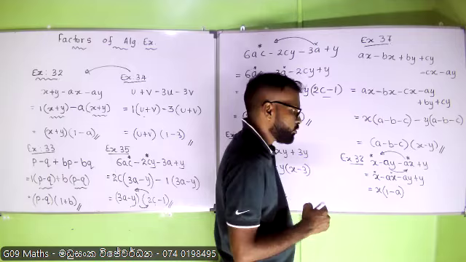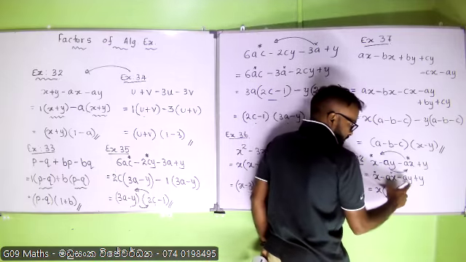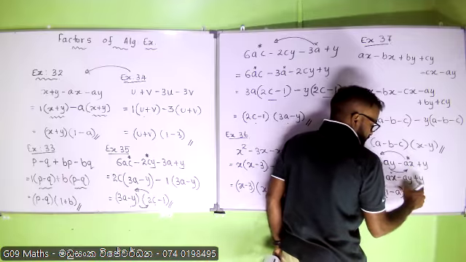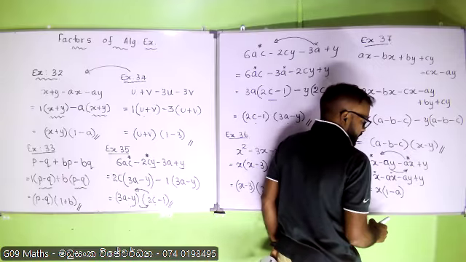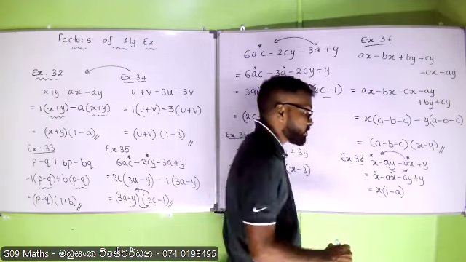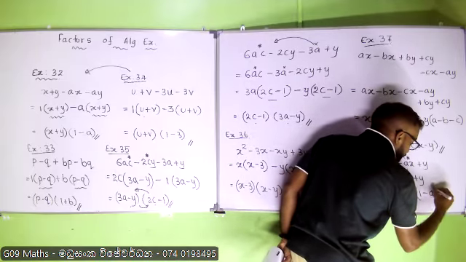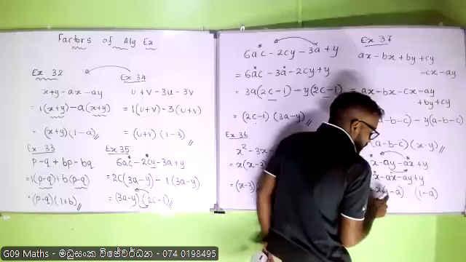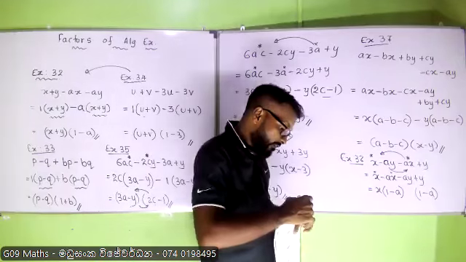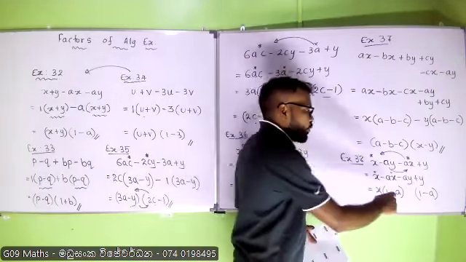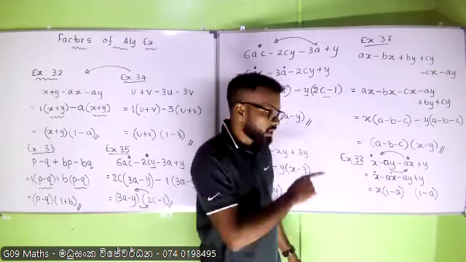So what am I going to do next? I can take y out at the moment, but I need to make sure that I have 1 minus a, because here you have 1 minus a, so definitely you need to have 1 minus a here as well.